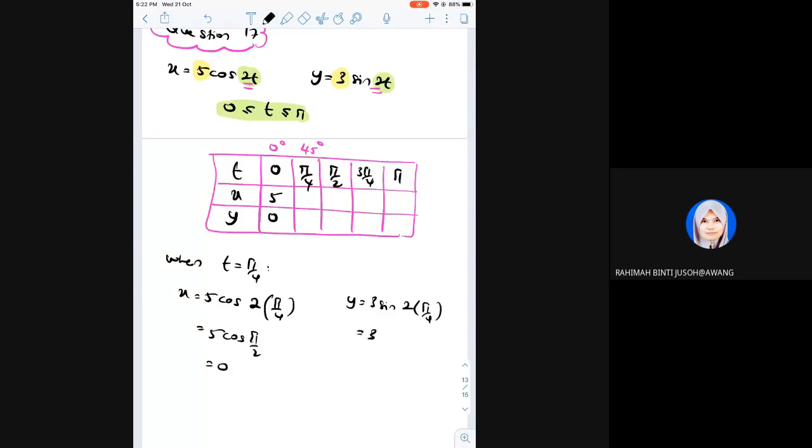Dia jadi 3 sin pi over 2, which is equals to 3, like this. So kita ada x equals to 0, y equals to 3. Begitulah seterusnya kalau you substitute values. Dia you akan dapat yang ni pi per 2 darab pi jadi negative 5. Here 0, 3 pi over 2, 0. Sini jadi negative 3. Here should be 5. Here should be 0. Okay, like that. So itu kalau guna plotting.